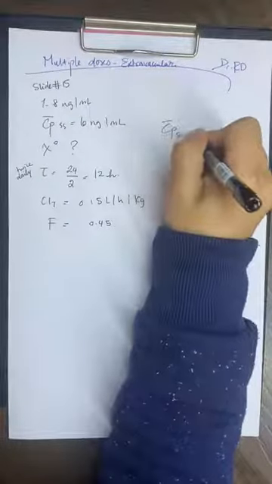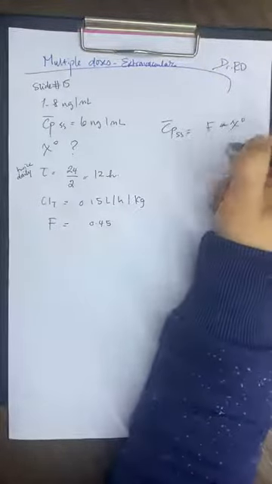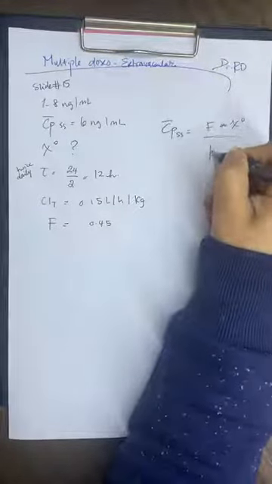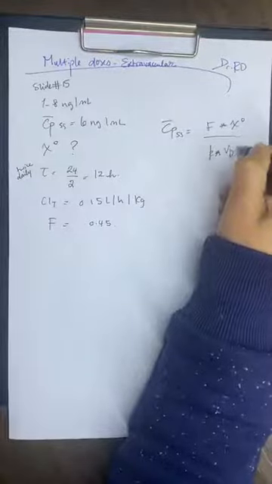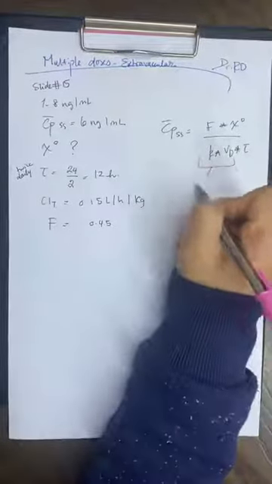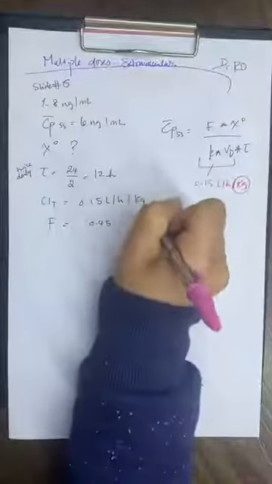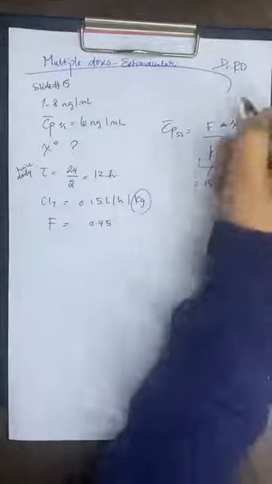It's extravascular, so we need this equation: the dose equals CL times Css times tau over F. Here CL is 0.15 liter per hour per kg. Don't forget that we have it per kg and there is no weight.